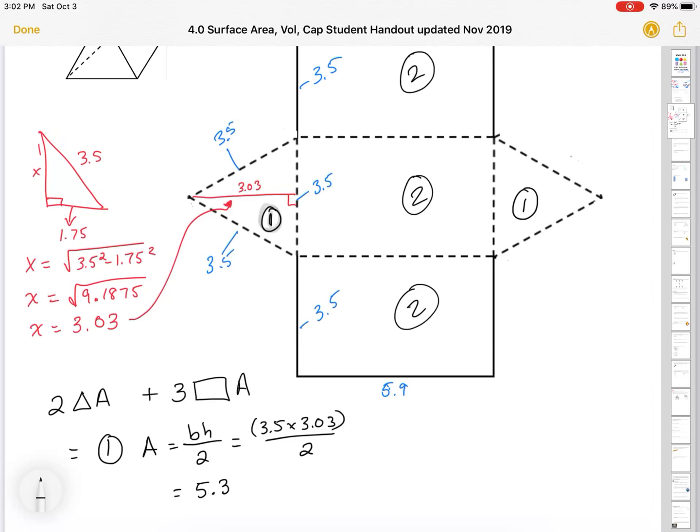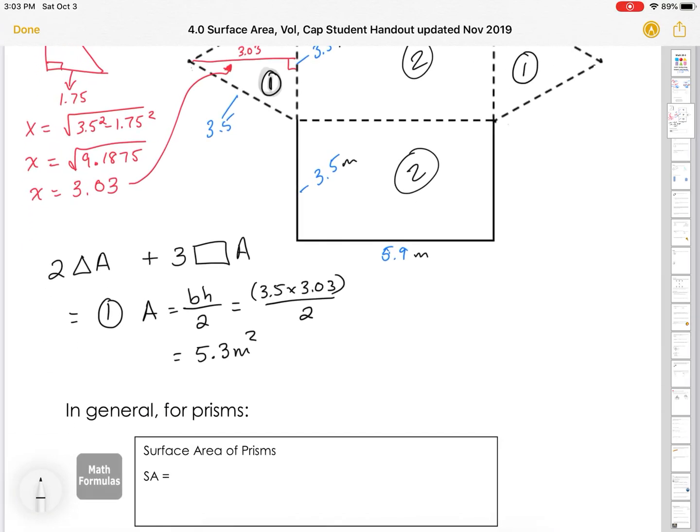And I didn't give units. So let's just say that this is meters, because I'm making these numbers up. Okay? So 5.3 meters squared, but I have 2 of them, right? So 2a is equal to 2 times 5.3, which is 10.6 meters squared. So that's for my triangles.